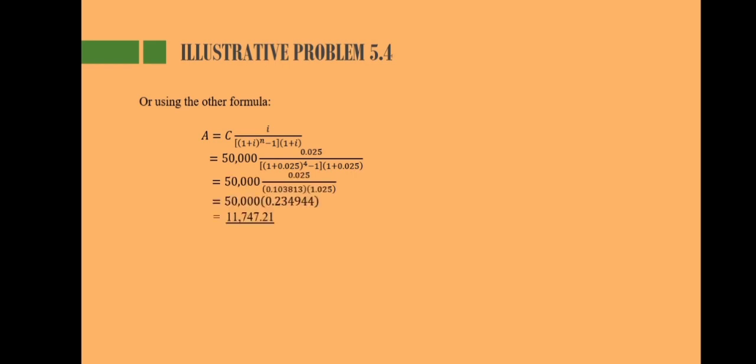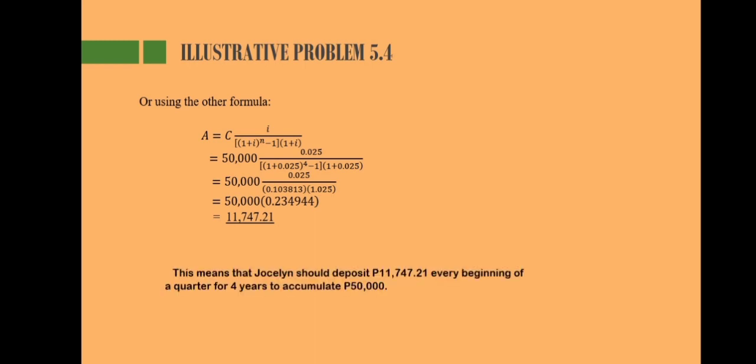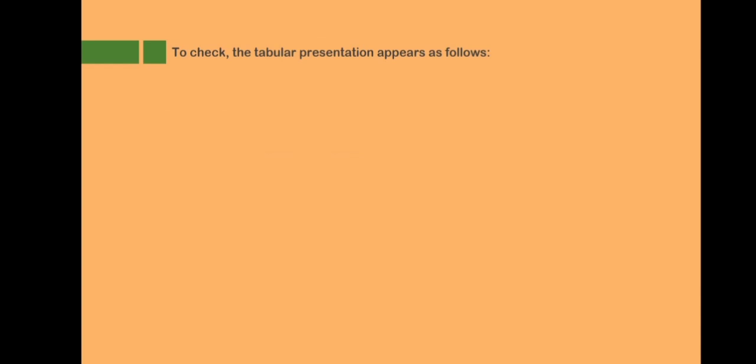And if you simplify this equation, you will have a final answer of 11,747.21, which is the same as the first formula we used. This means that Jocelyn should deposit 11,747 pesos and 21 cents every beginning of a quarter for 4 years to accumulate 50,000. To check, the tabular presentation appears as follows.